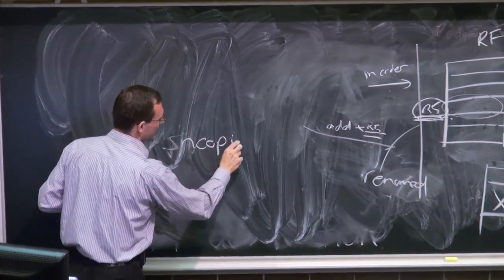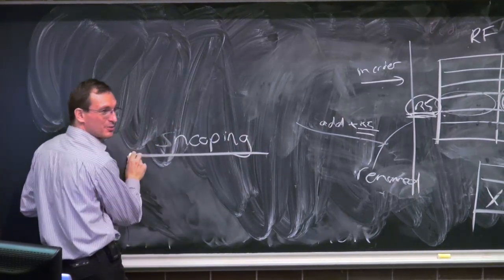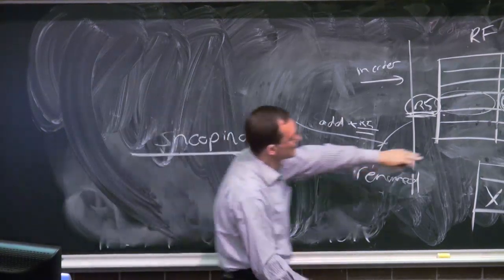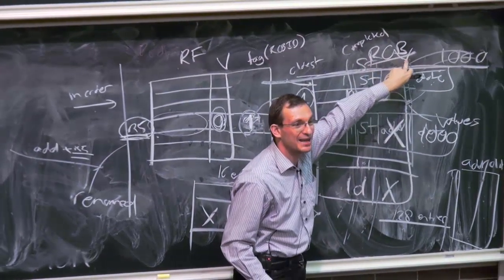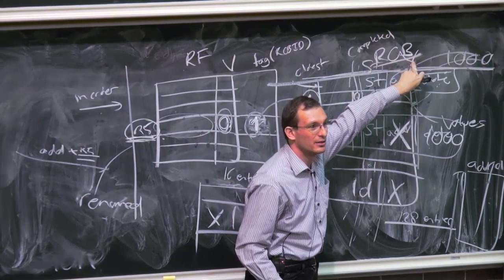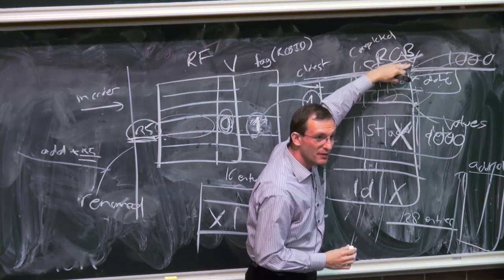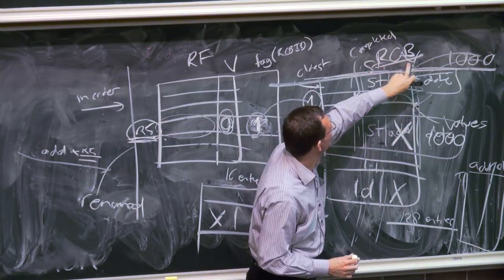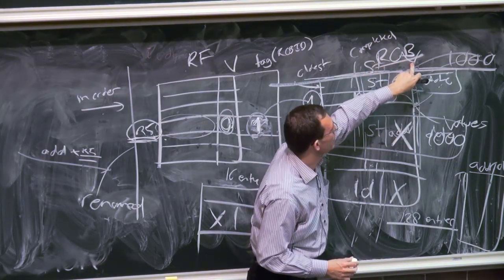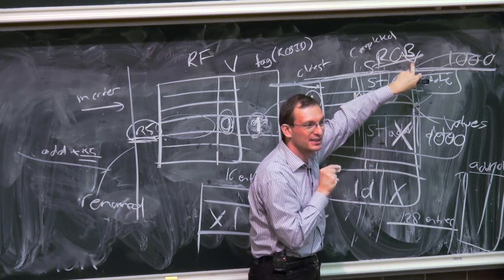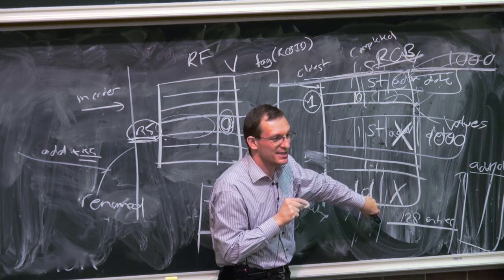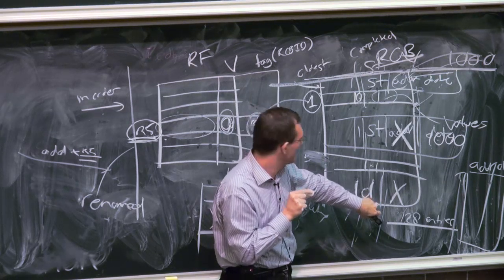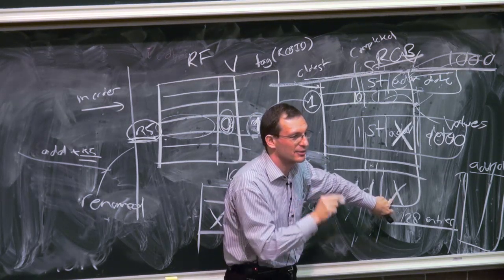We're going ahead of ourselves a little bit, but since you asked the question, the load buffer is snooped with the address of the store that's being committed in some other processor. And if there's already a load that has read the same address, that load gets invalidated.